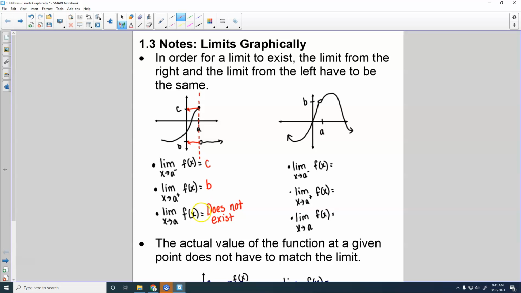He said he does not like to see that equal sign right there because you can't equal something that does not exist. So if you have to say that the limit does not exist, it's better to write that sort of as a sentence instead of saying equals does not exist. I don't know if it's something they count off for, but to be precise, you wouldn't put the equal sign.